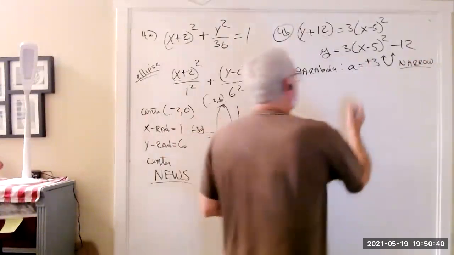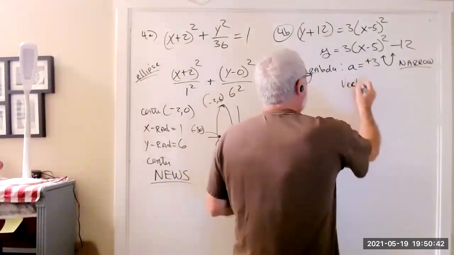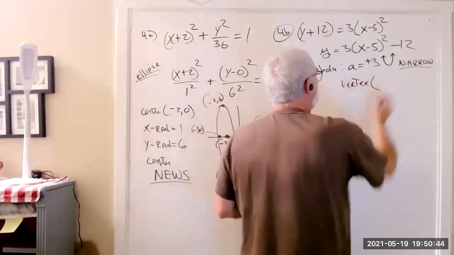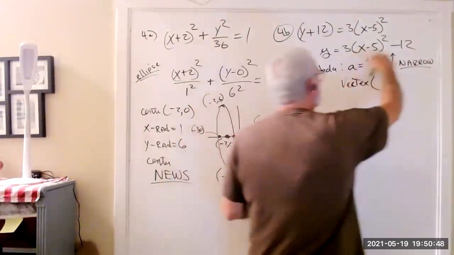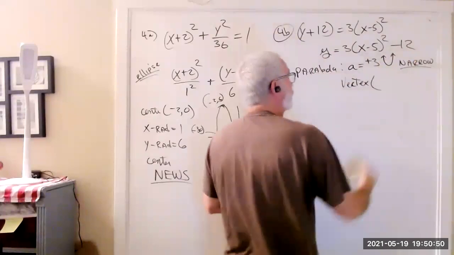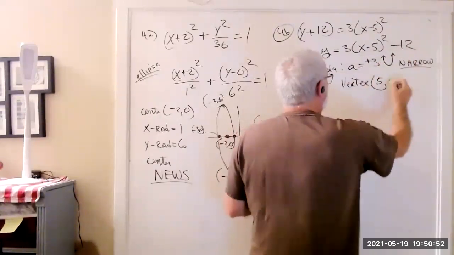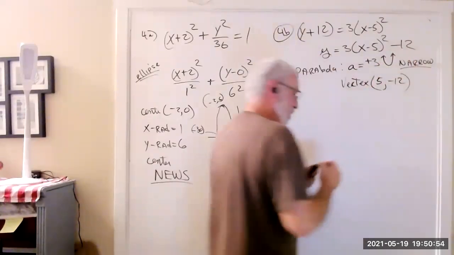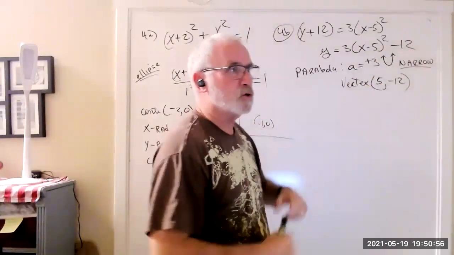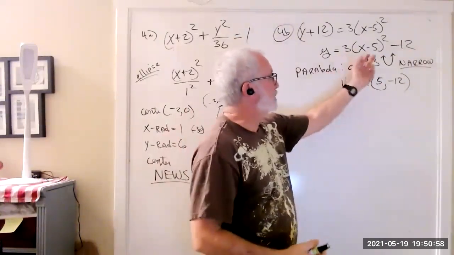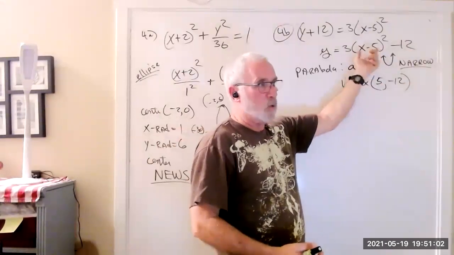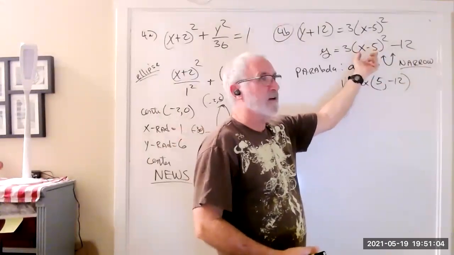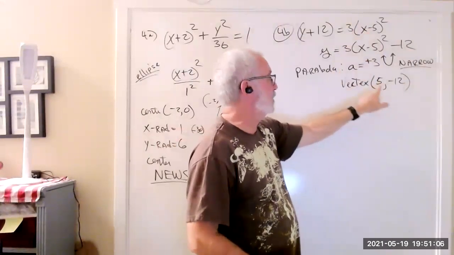All right, my vertex, I don't have to use that -b/2a. I can use, this is called standard form or vertex form. This is 5, -12. Recall the confusion was, if you're just pulling the information out of the parenthesis, quantity x minus 5, then you take the opposite of what you see.